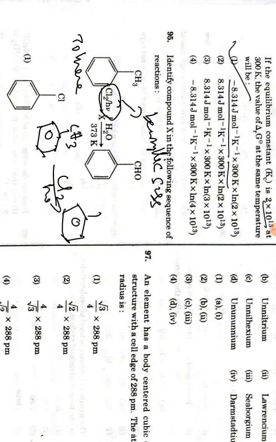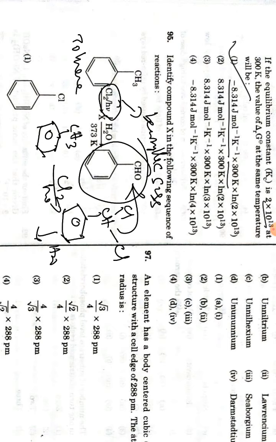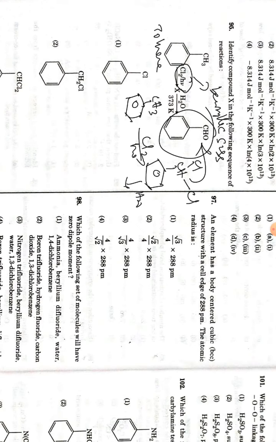See, concentrate on the product. He has given the benzaldehyde. To get the benzaldehyde, we should get 2 chlorine atoms, and after hydrolysis the chlorine atoms are replaced by water molecules, and you will get CH(OH)2. This, both 2 OH and 1 carbon is unstable, and it converts into benzaldehyde.